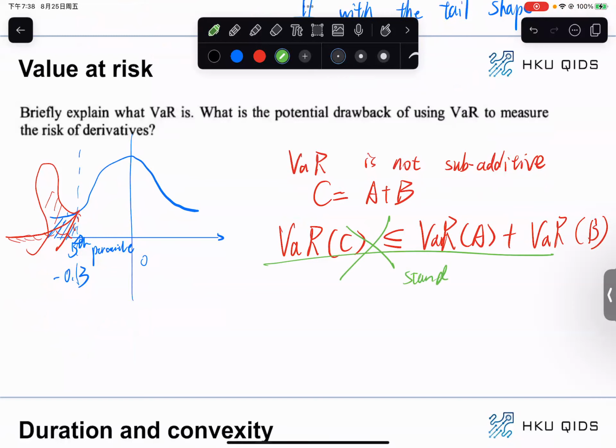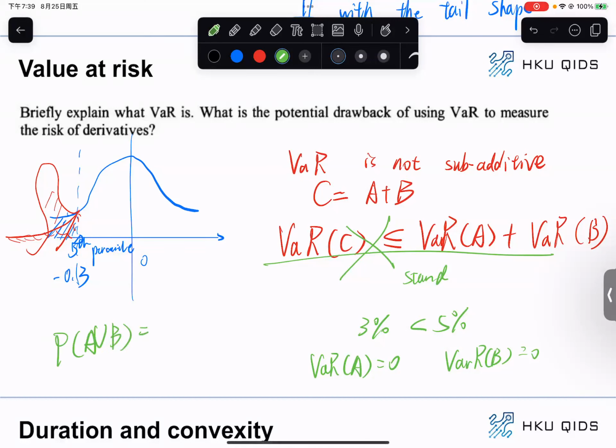A common example is that if you are buying a bond, a long position in the bond, and you add a short position in a credit default swap on a bond with the same amount of value, let's say A and B both have the same default rate of 3%, then 3% is smaller than 5%, right? So VaR-A is going to be 0, while VaR-B is also 0, if you just buy them independently. But when they form the portfolio C, the event that at least one of them defaults becomes what?